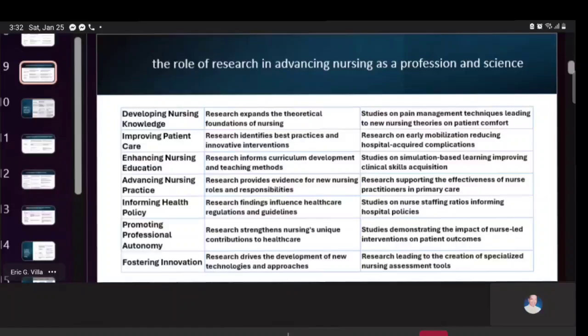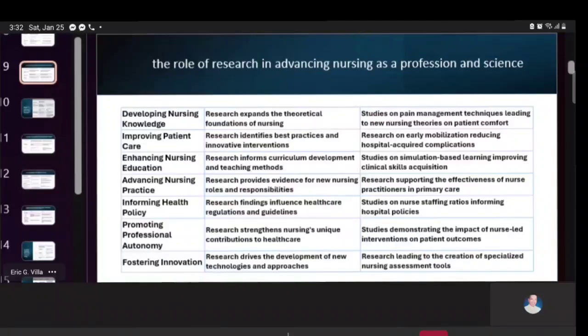By engaging in rigorous scientific inquiry, we as nurses can contribute to the growth and evolution of our field, ultimately strengthening our profession's standing and improving healthcare outcomes.